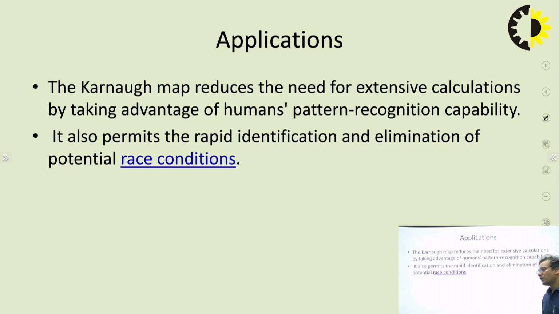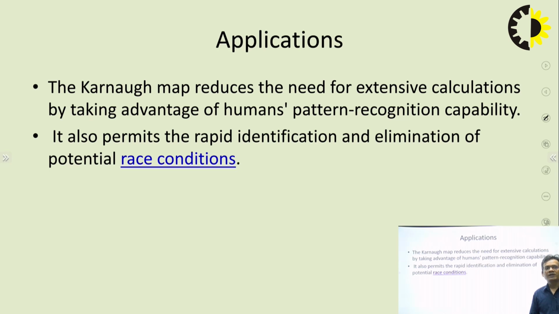Now we talk about the applications of K-map. K-map is basically used to reduce the need for extensive calculation by taking advantage of humans' pattern recognition capability. As you know, humans are able to understand graphical things much better than textual things, so by using this capability, K-map is used.